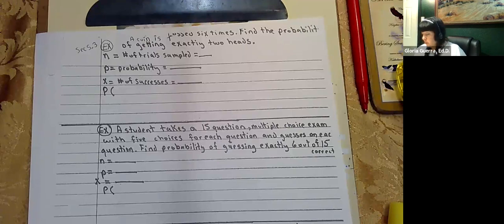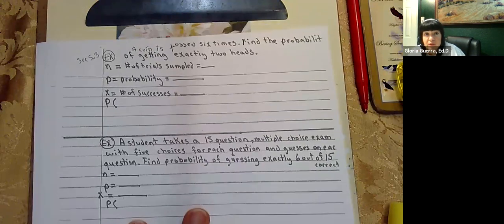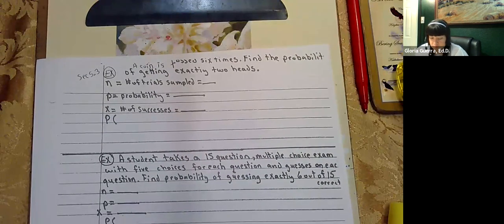Okay, so this is, let's see. Okay, so here it says that a coin is tossed 6 times.